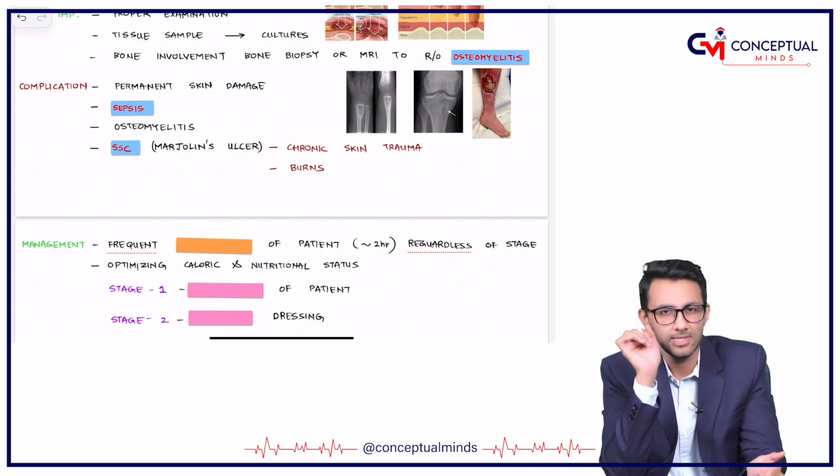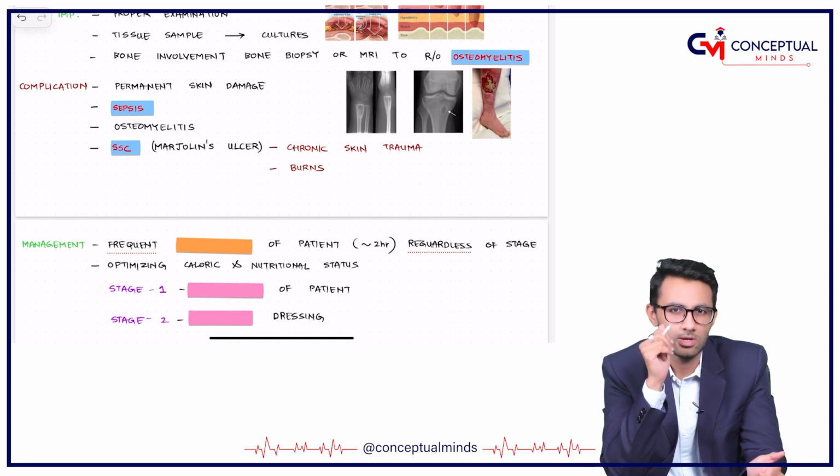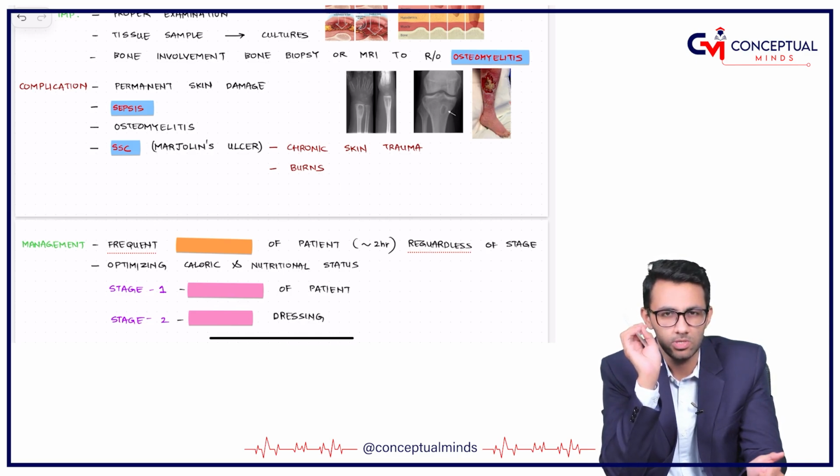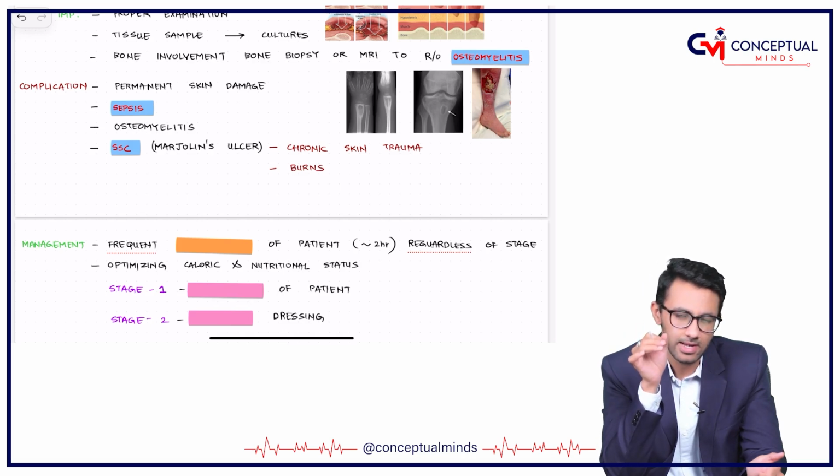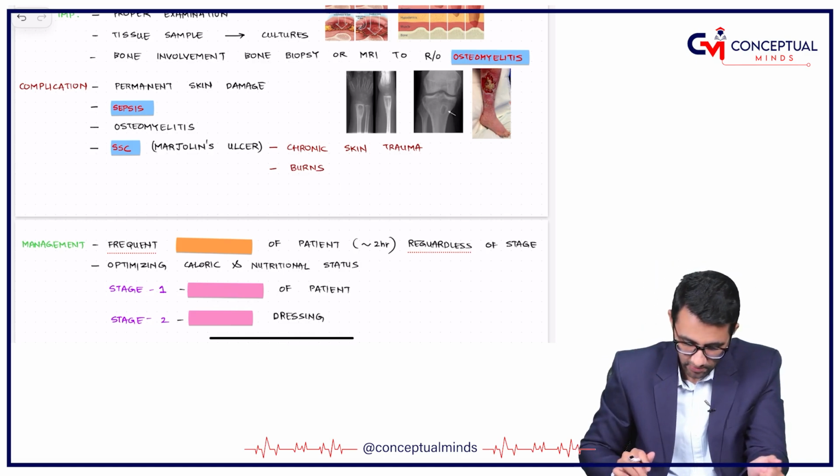That is the reason I mentioned it here. If on a skin, continuously for years and years, there is abuse because of any insult, it definitely has a predisposition to developing squamous cell carcinoma. That is one thing we have to remember.